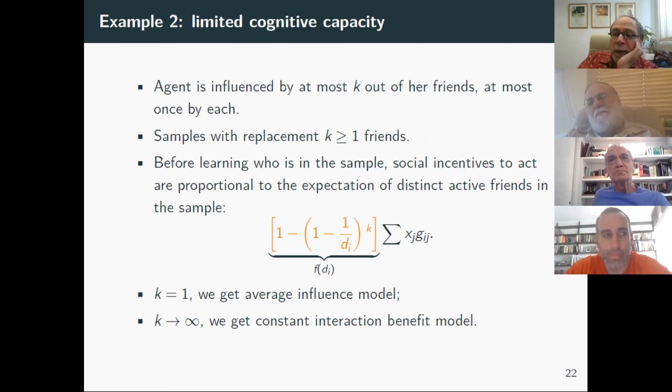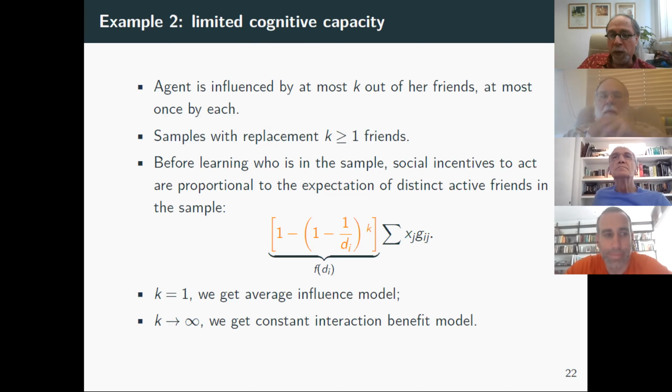Now suppose that your utility is just the expected number of distinct friends that you meet who take the action. If you meet the same person twice, you already know that he's taken the action. You are not influenced twice by this person.